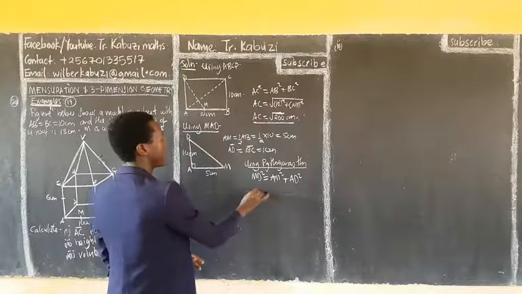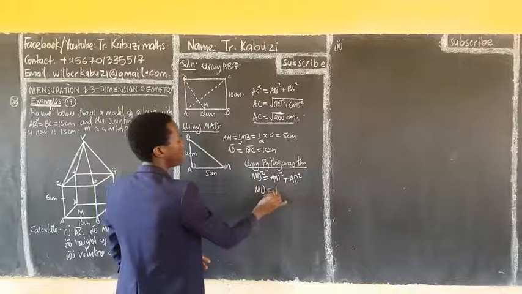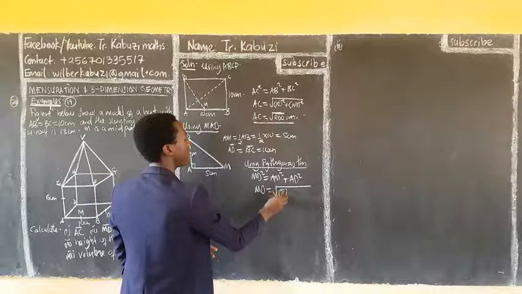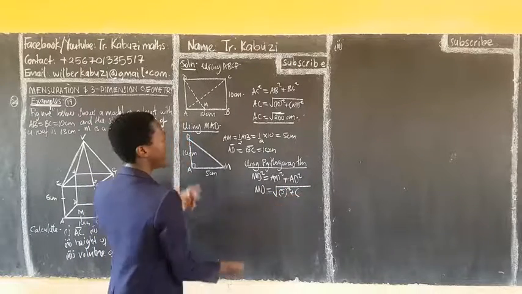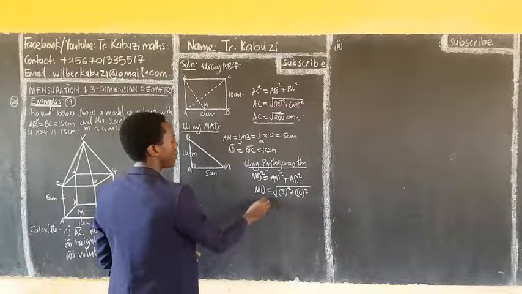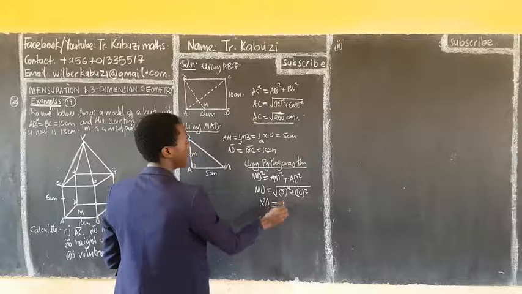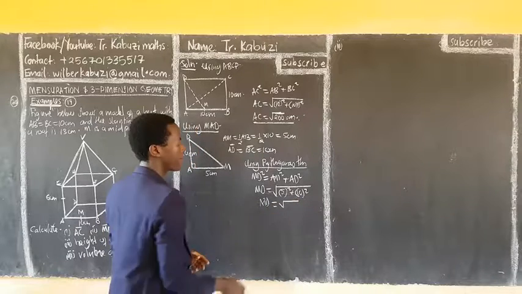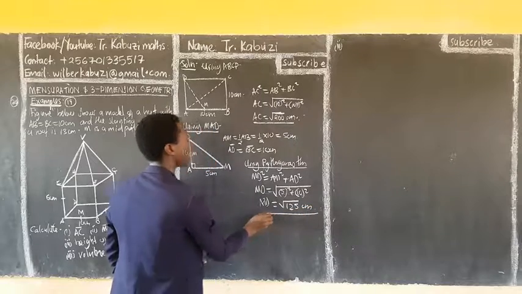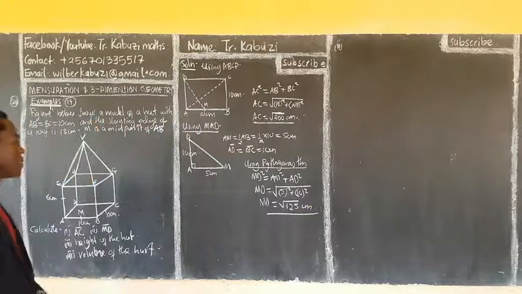So my MD is going to be the square root of AM, which is 5 squared, plus AD, which is 10 squared. So my MD is going to be the square root of 100 plus 25, which is the square root of 125 centimeters. You can leave it or give it to a few decimal places.